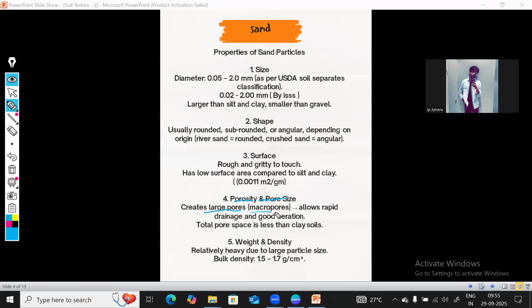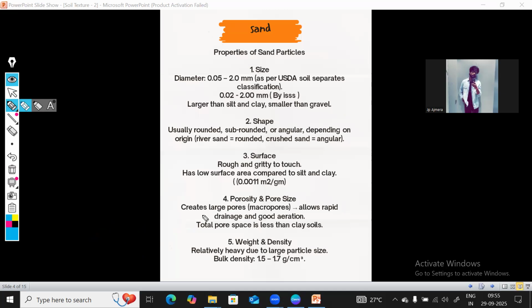The larger pores, macropores, allow rapid drainage. What is meant by drainage? The movement of water from here, artificial or natural water drainage that happens in the field.